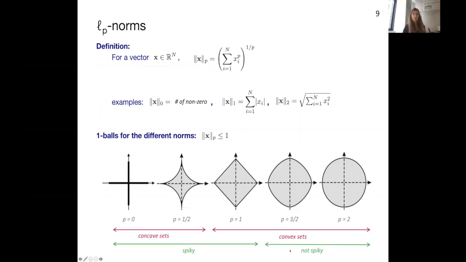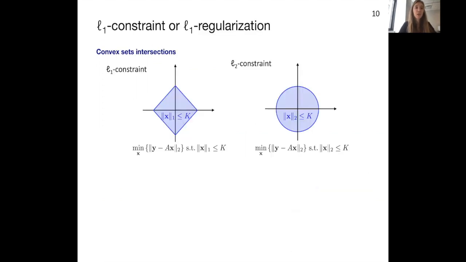So why does this matter to us? Well, if we think of this sparse regression as a constrained optimization problem, we are going to look at intersections of sets. If we are constraining the L1 norm, we are going to constrain something in this box for a certain level K of sparsity. If we constrain the L2 norm, we are going to constrain something in this disk. And now we have the sets of signals that reproduce the observations.